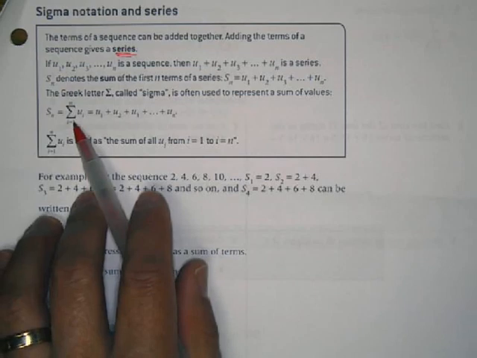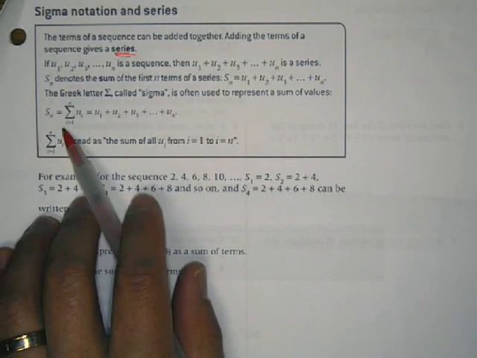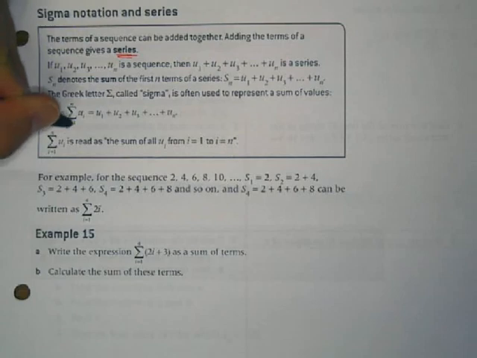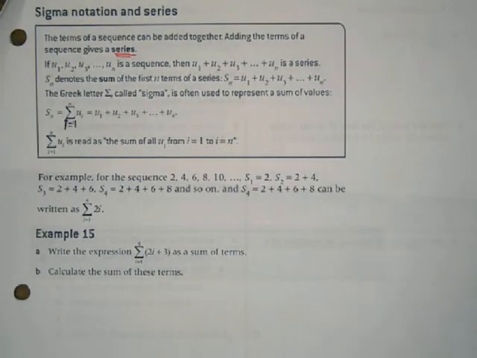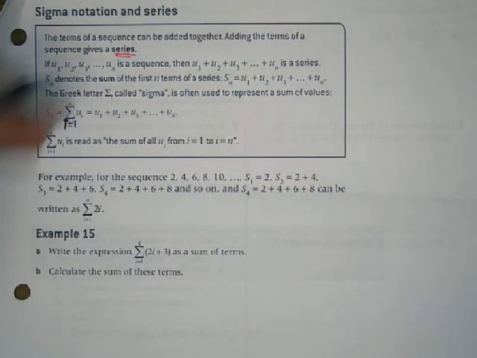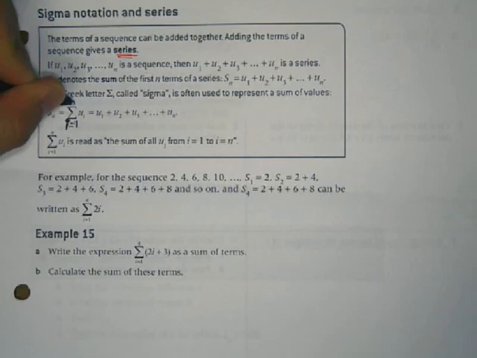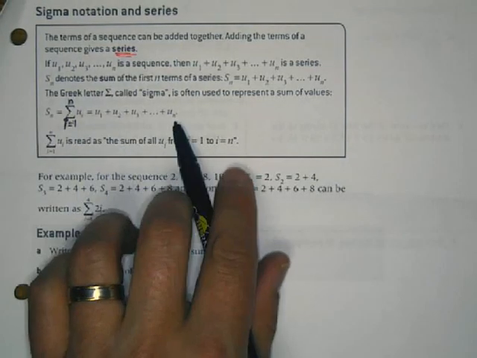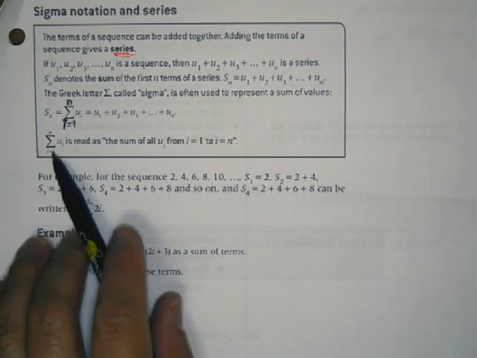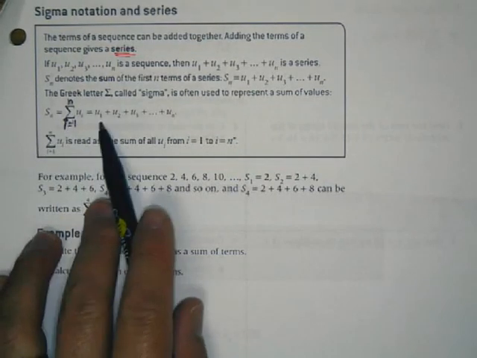And here I've got the summation symbol, and underneath it, it says i equals 1. I know it's hard to see that. And over here on the top, it says n. So n is the number of terms that we're going to be adding together. And whatever this number is on the bottom, that's what we're going to start off with.